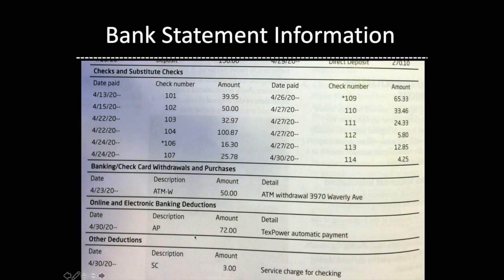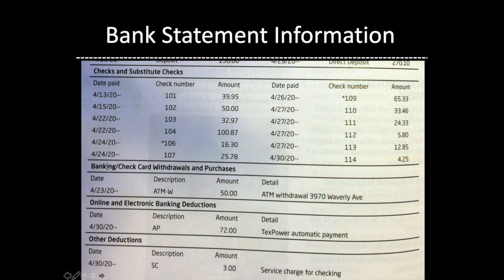It shows you the days, check numbers you wrote, how much was paid, and so forth. You can see that there's an asterisk by some of them. And all this means, you can see right here especially, is that there is a break in the sequence of your check numbers. So check number 105 is missing. It might not be back to the bank yet.